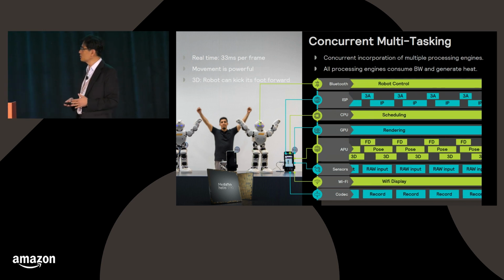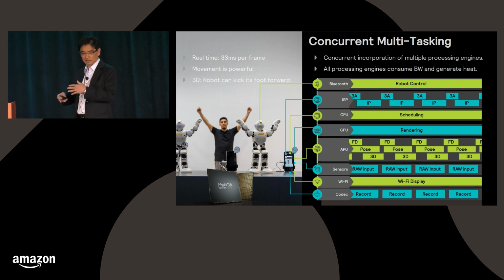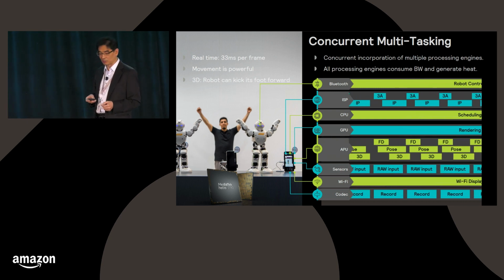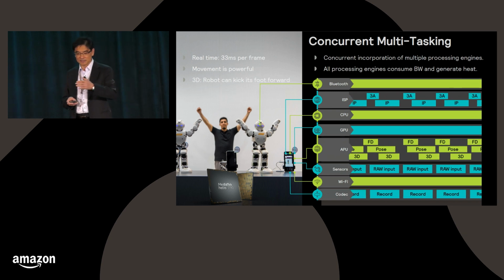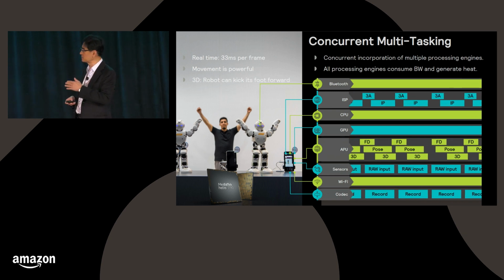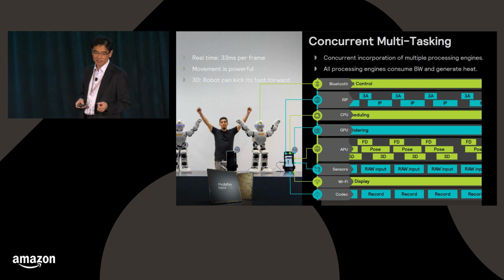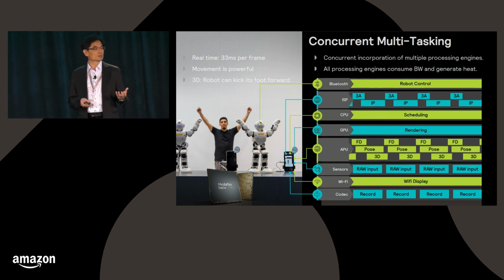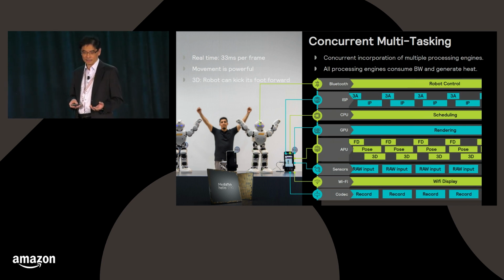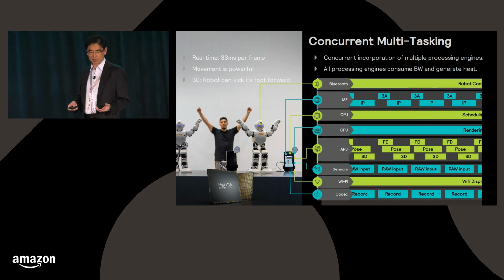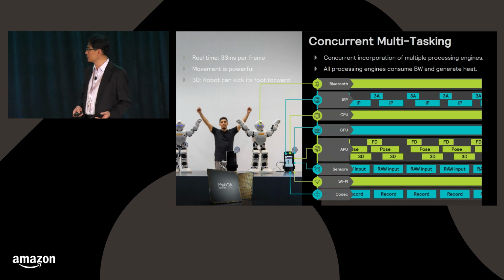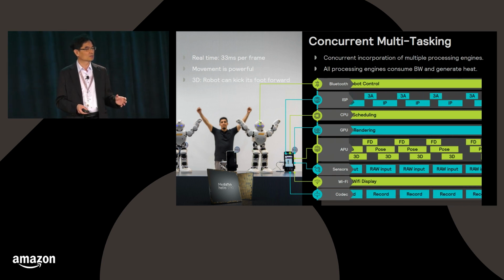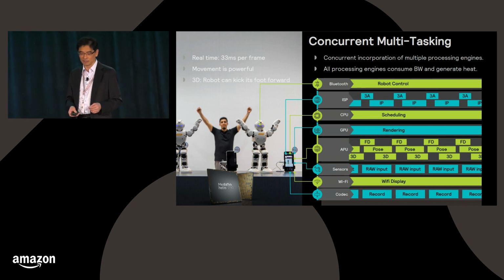And what's under the hood? The technology under this demonstration is very complicated and very challenging. You can see there are many processing engines running concurrently: Bluetooth to control the robot, the camera to capture the image, the CPU to do the flow control, the GPU for graphic rendering, and the APU to detect the face, detect the pose, and do the 3D estimation.